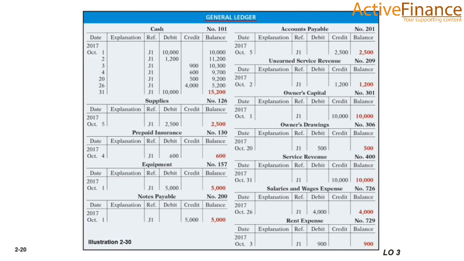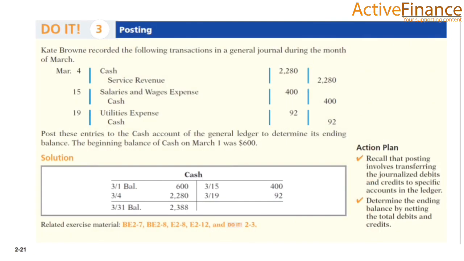This is the cash account, accounts payable, all those accounts which we did in the previous illustration 2.30. So we did this learning objective. This was very lengthy because these were the basic terms and illustrations.